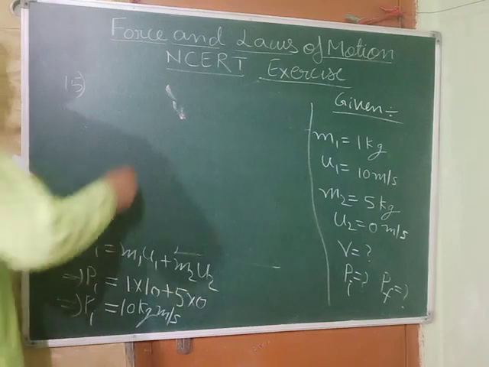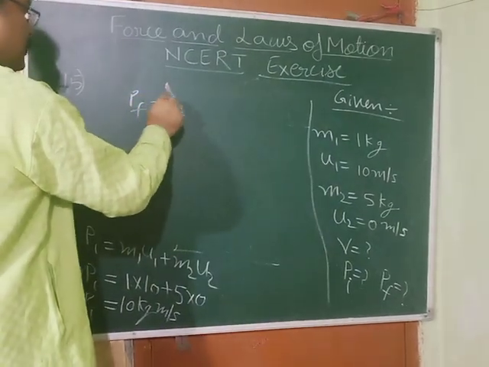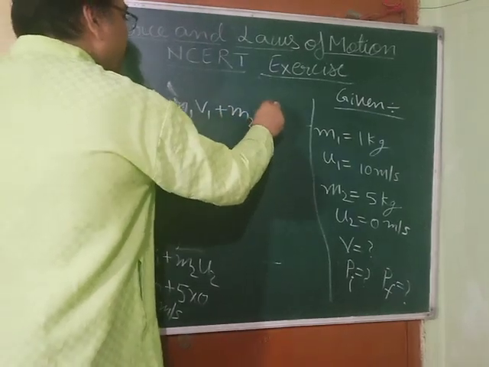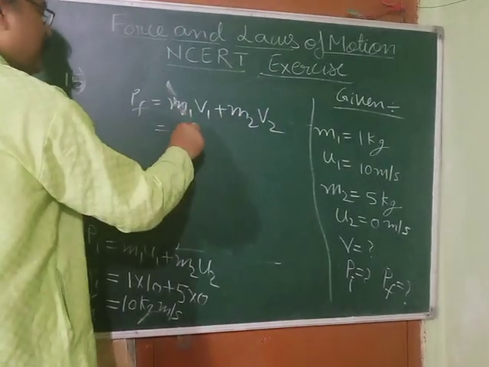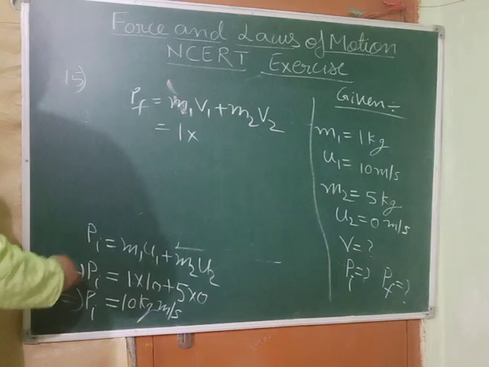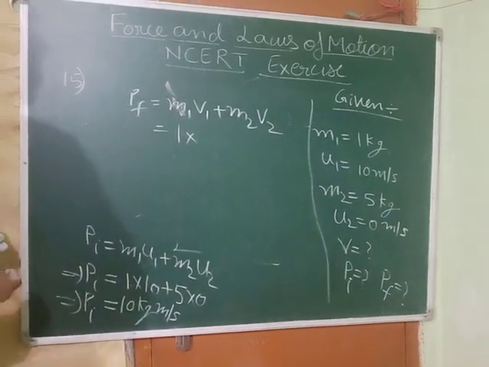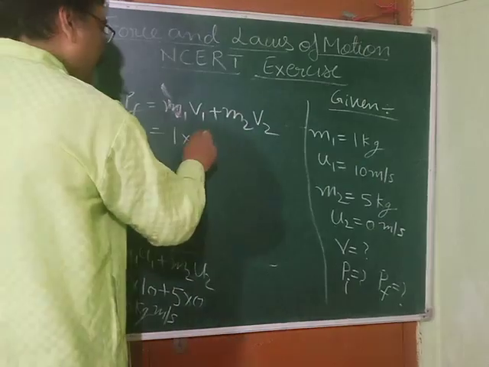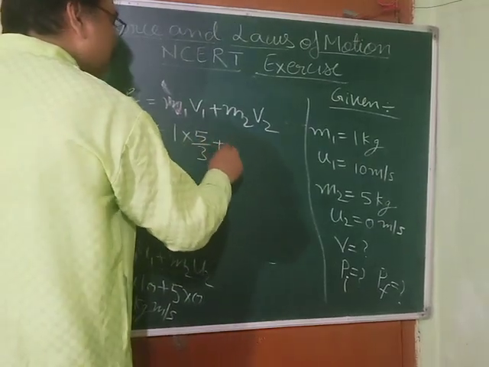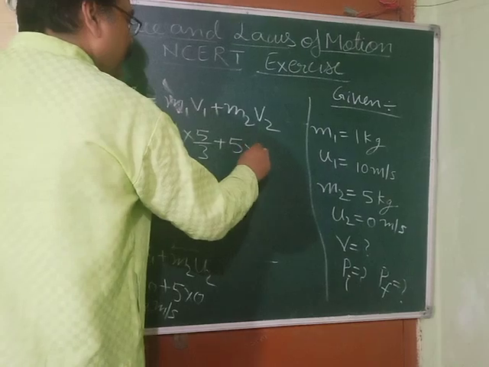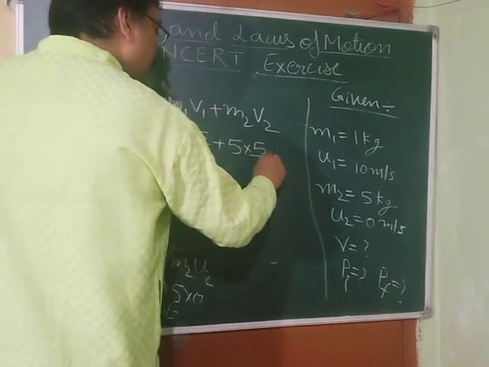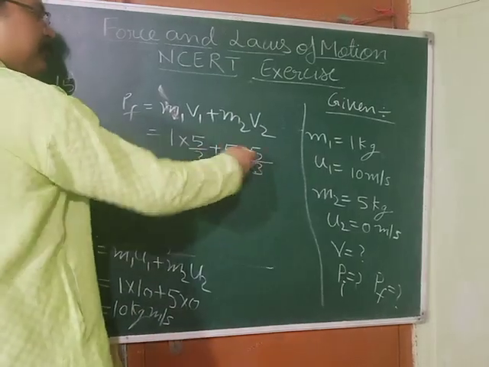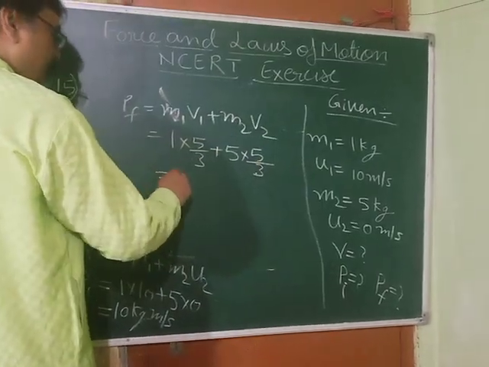Final momentum is m1v1 plus m2v2. m1 is 1, v1 is v only, and v we got as 5 by 3, so we write 5 by 3, plus m2 is 5, v2 is again v, that is 5 by 3. Clear? Because both are moving with the same common velocity.